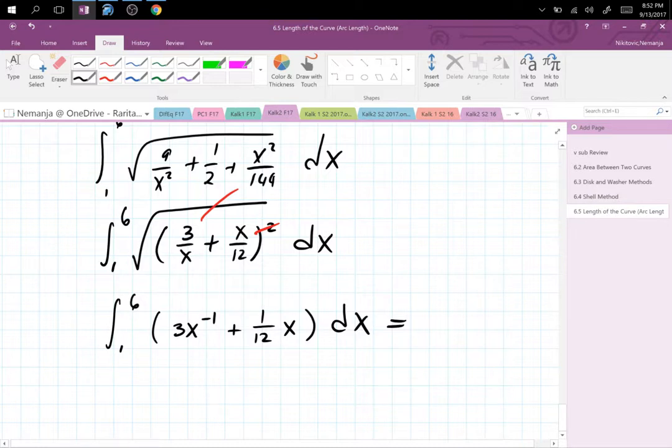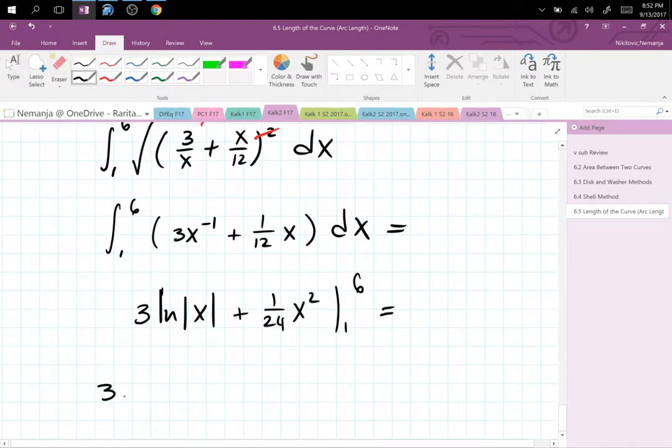What is the integral here? ln, so 3 ln absolute x plus x squared over 24, from 1 to 6.